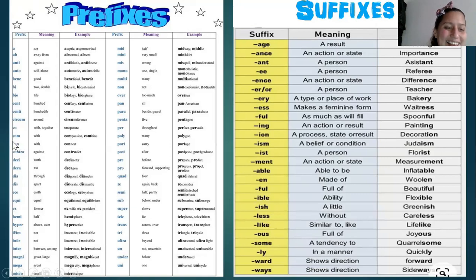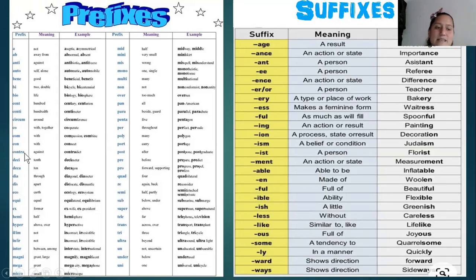con, it's the same as com, with, connect. We connect through phones. So remember that these three are going to be used when we want the meaning of the word to be with or together, that you are doing that activity together or with.